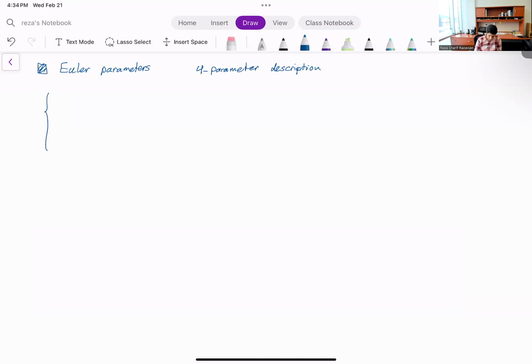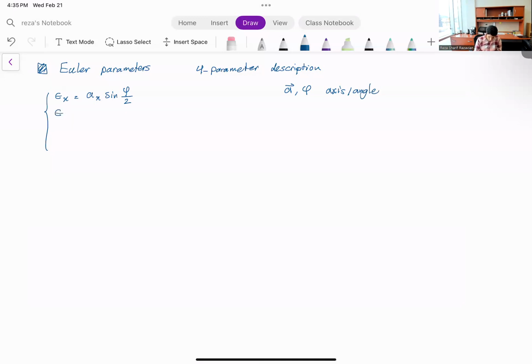You have 4 parameters, usually shown as epsilon. Epsilon x is a_x sine of phi over 2. And remember, a and phi are our axis and angle description.